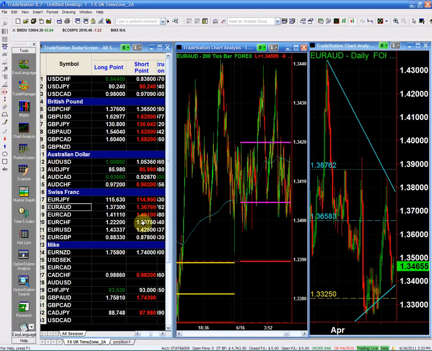So this is my short point. For the euro Aussie, if it trades below this, I'm going to go short. And on the way up, this is where I want to be a buyer of it. This is where I want to be able to take advantage of it.